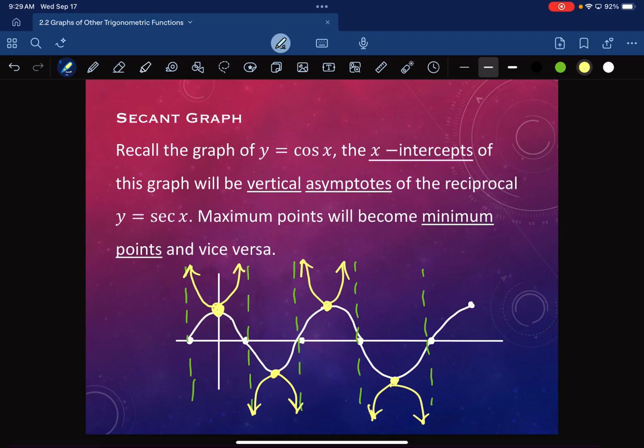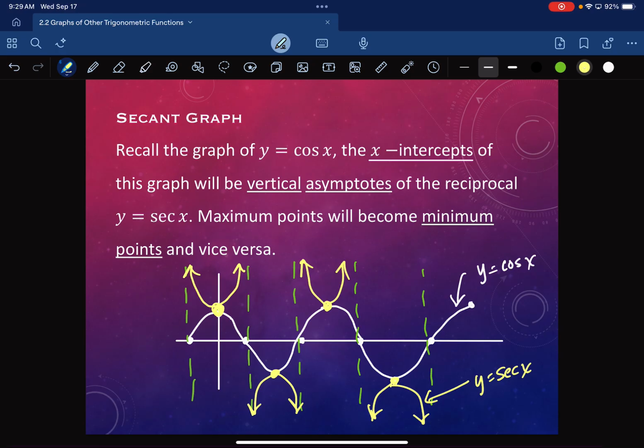Notice the range for this is the reverse of what we had before. The range for my white graph, by the way, let me label them. The white one here is y equals cosine of x, and the yellow one is y equals secant of x in yellow.